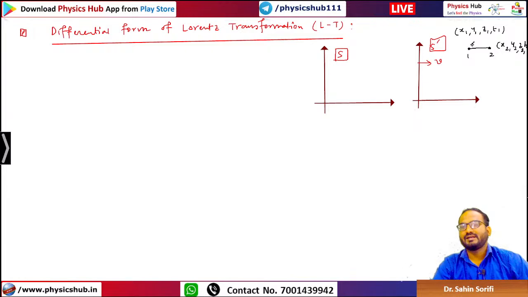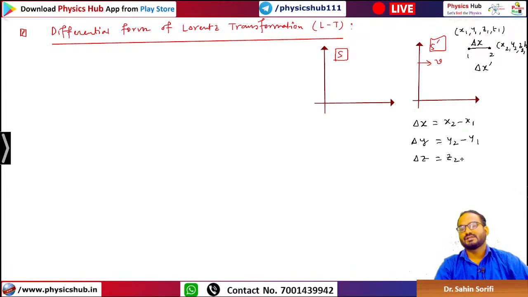If I write delta x, it is nothing but x2 minus x1. Delta y is y2 minus y1, delta z is z2 minus z1, and delta t is t2 minus t1. So this is one event, this is another event.